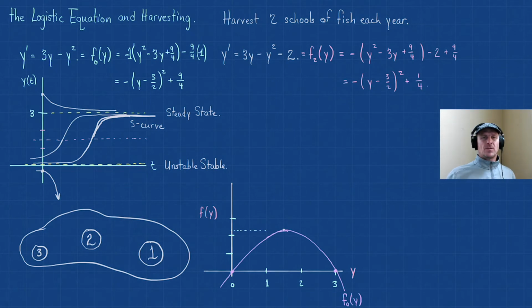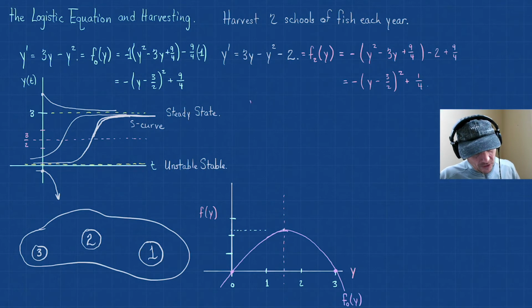Whoa, hold on, a few things to keep in mind here. Notice that the vertical axis of the parabola is also the same as the inflection point in my graph. And by harvesting, notice that the inflection point doesn't change. But what does change are the zeros.